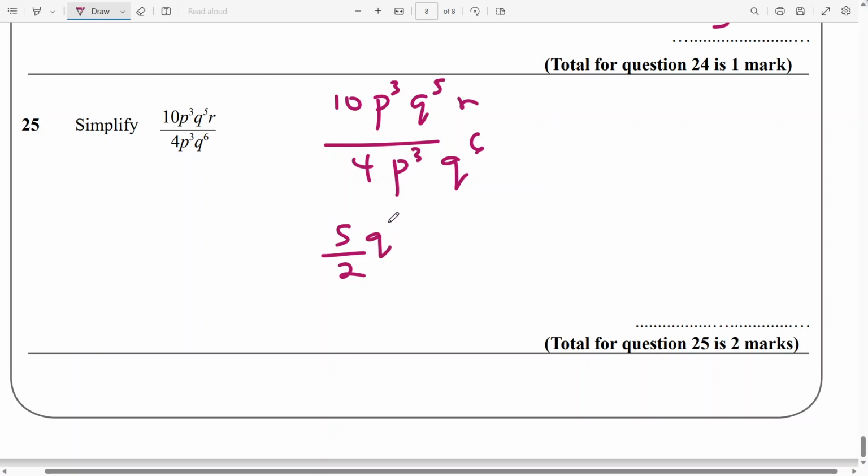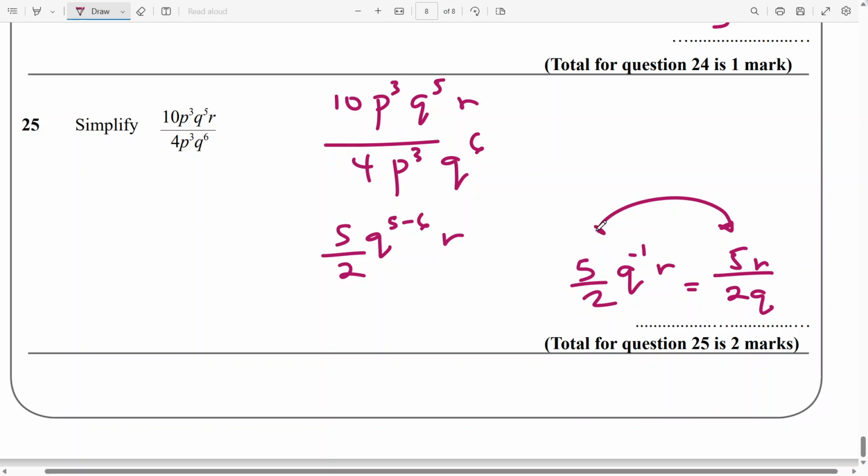So that's going to be q to the power of 5 minus 6 and r. And we can simplify this as 5 over 2 q to the power of minus 1 r. Or this can still be simplified to 5 over 2q and r. So any of these is going to be correct.